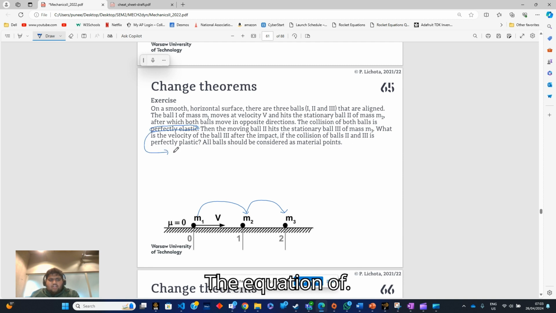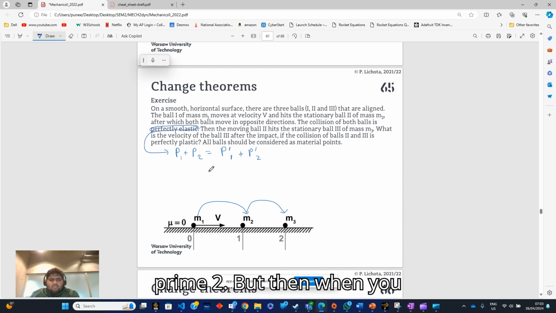So the equation is P1 plus P2 is equal to P prime 1 plus P prime 2.